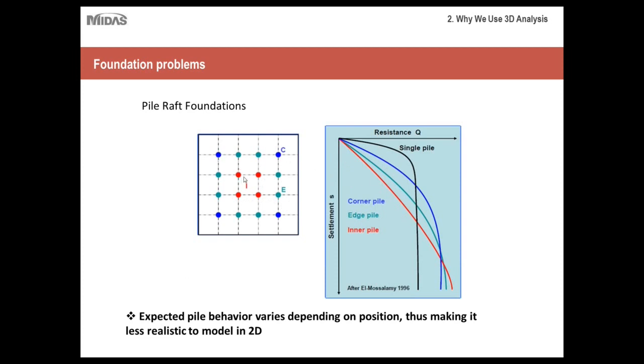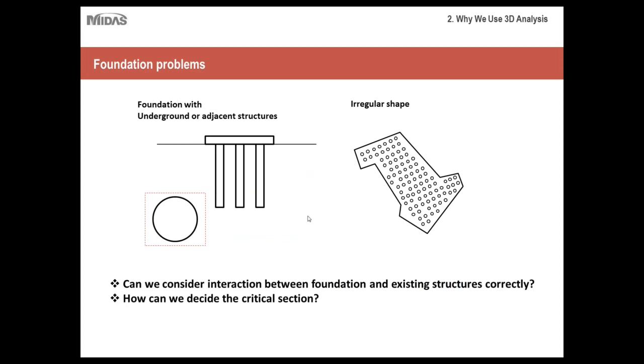That's because these piles interact with their neighboring piles more, whereas these corner piles have less interaction involved. So just keep that in mind, that although the geometry itself is symmetric, the piles behave very differently depending on their position. And this is something that can't be modeled really accurately in 2 dimensions. So typically 3D models work best for piles, or especially pile rafts.